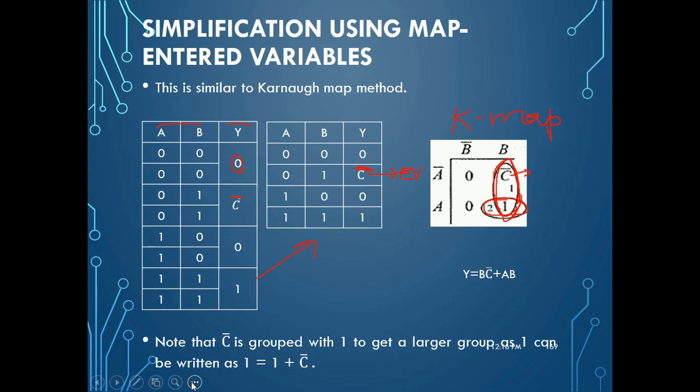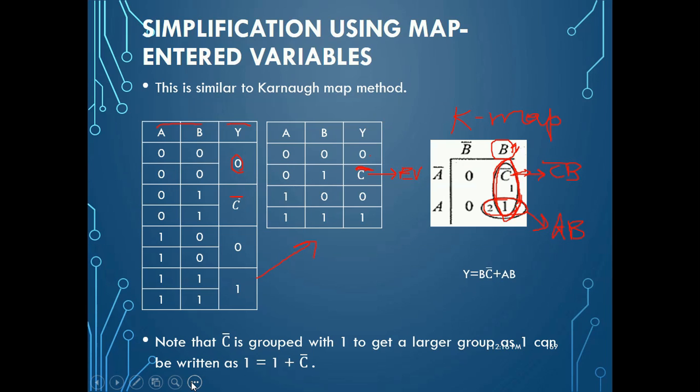So that's why we consider here and circle, take C bar as value 1, and I'm going to encircle in this manner. So that's why you get it as B. A bar changes to A. So for this particular thing you can write C bar, and one more term whatever you have here, that is B. And the expression for this can be written as AB.